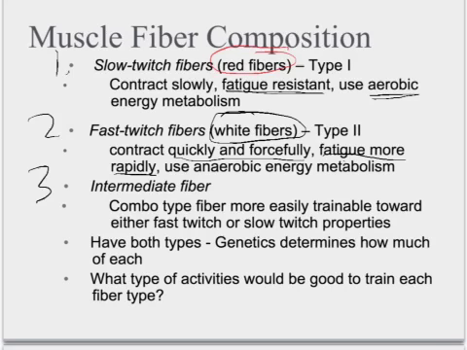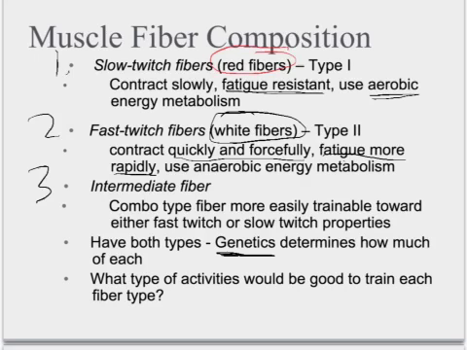A couple things you should understand about muscle fiber are that your genetics play a huge role in what type of muscle fiber you have. And if you're a very slow twitch person, it's going to be hard for you to be maybe a 100-meter sprinter, or somebody that is making movements that are very explosive or powerful.